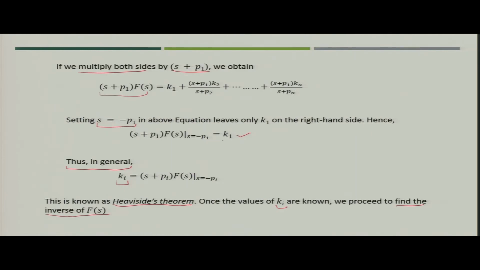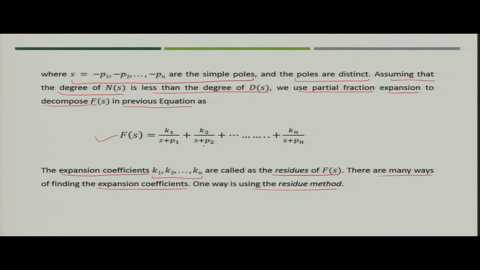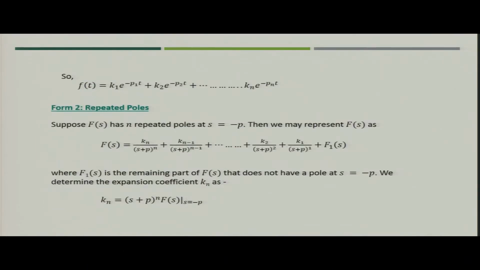How? Because now we know that it is decomposed into this form. If you see, this is nothing but the Laplace transform of k1 e to the power minus p1 t. This is the frequency shift property.